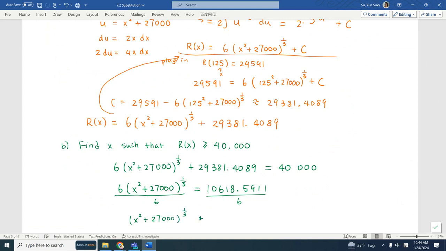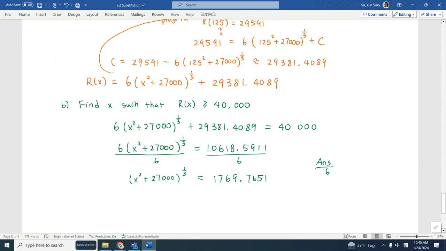And when you divide it by 6, what do you get? So use answer divided by 6. Okay, then what do you get? 1769.7651. Yes. Okay. Good.